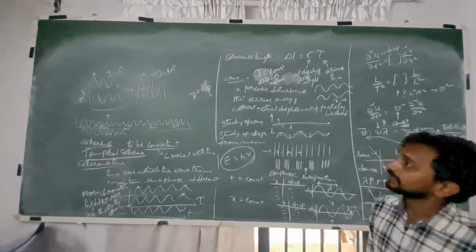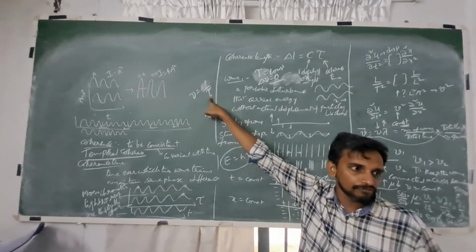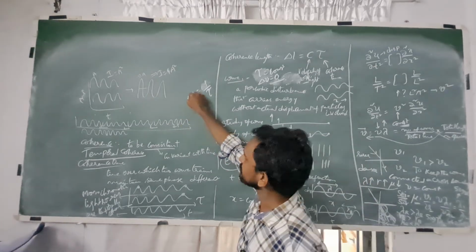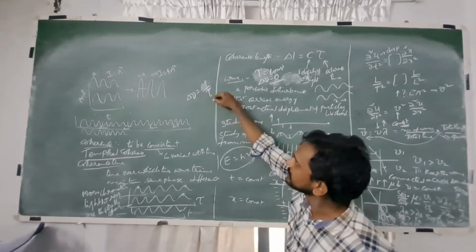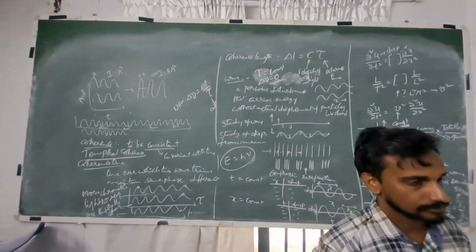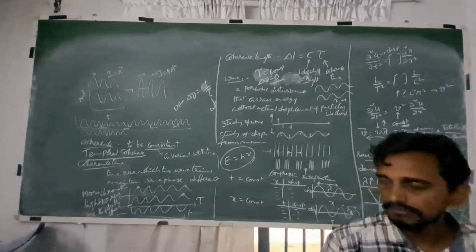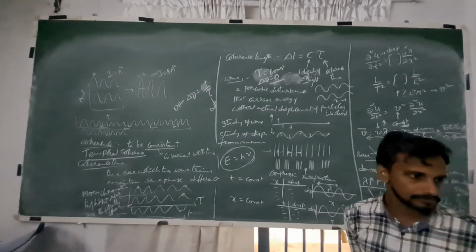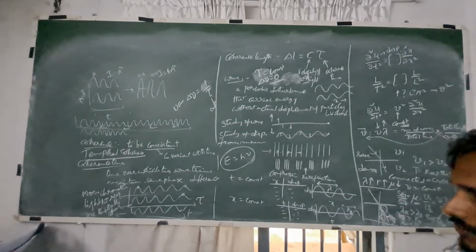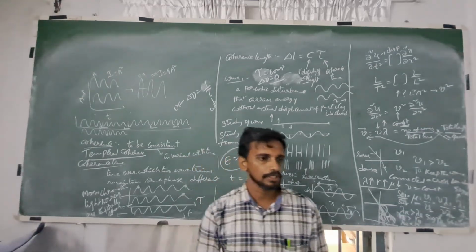So if we wish to have infinite coherence time, then the change in frequency will be 0. If this is infinity, this becomes 0. So all monochromatic light sources are temporally coherent.